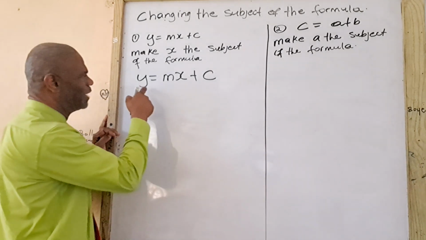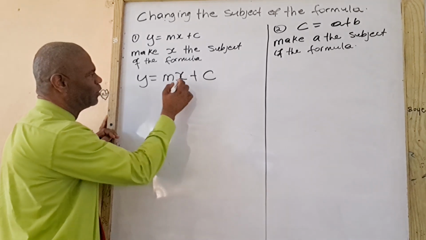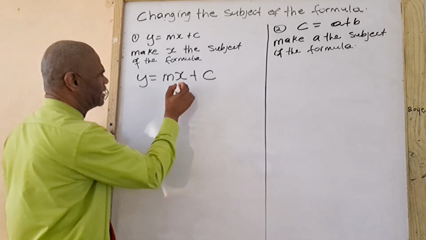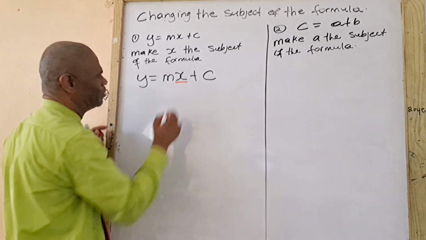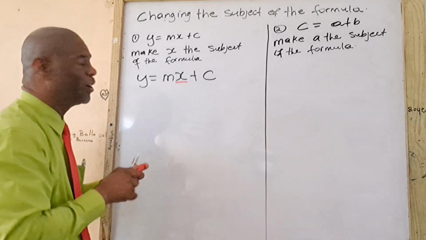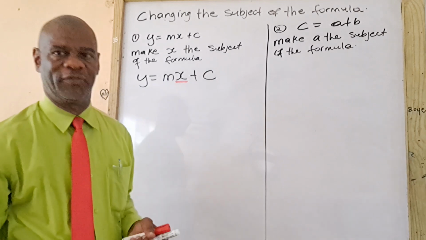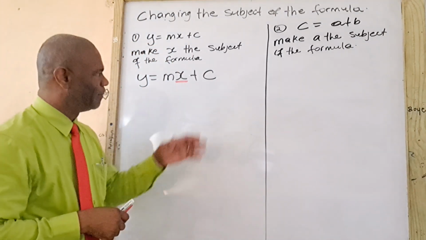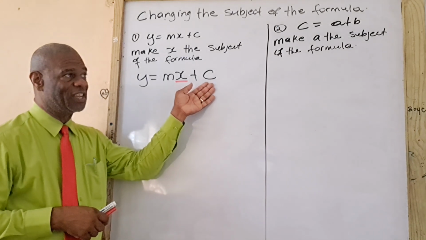So we have y equals mx plus c. We want to make x the subject, and just like when we are solving a regular linear equation, we are going to get rid of the c first.